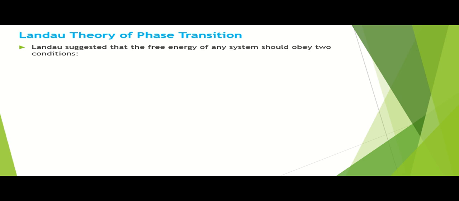Depending on what type of process you have, if your process is at constant temperature and constant pressure, then you have to use the Gibbs free energy. And if your process is undergoing at constant volume and constant temperature, then the free energy is called the Helmholtz free energy. Based on that, you can use either of them to characterize the phase transition. Whichever it is, it has to satisfy the following two conditions. It has to be analytic.